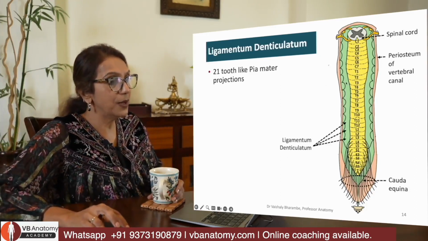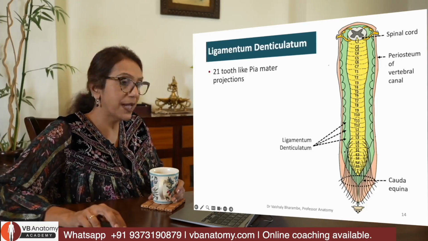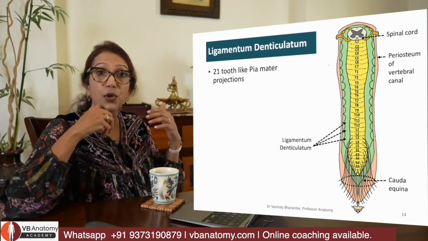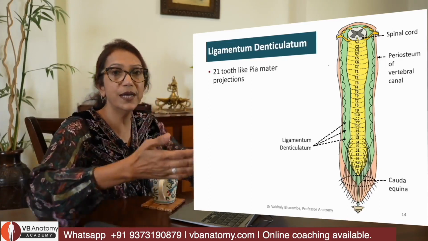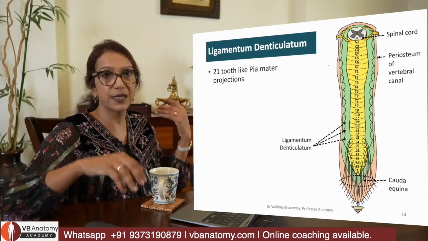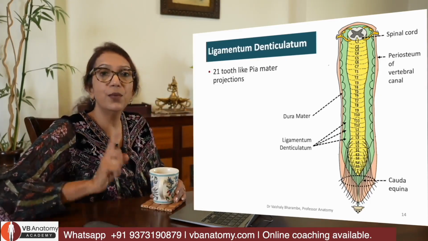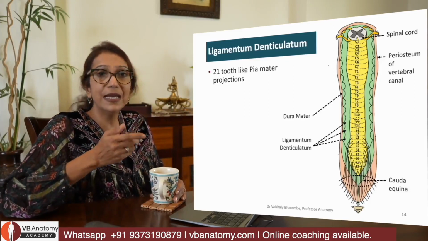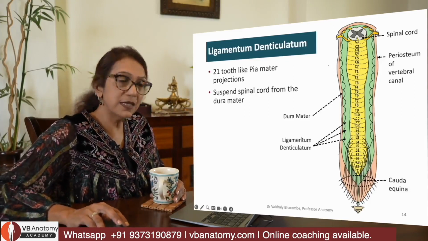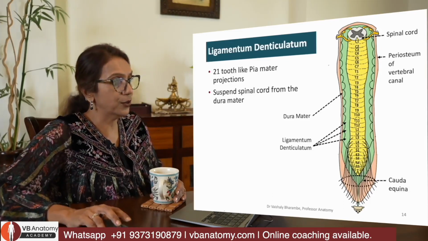All of these are 21 lateral projections of pia mater anchoring themselves to the dura mater. Now your spinal cord cannot move forward and hit against the vertebral column anteriorly or posteriorly. Okay, so this is an important support of your very delicate spinal cord. Suspends the spinal cord within the dura.